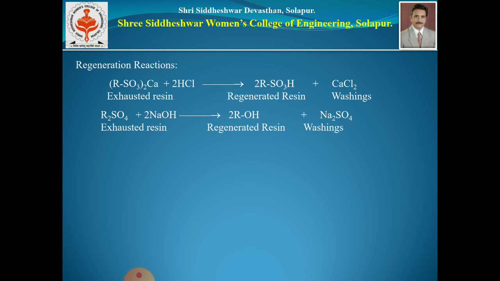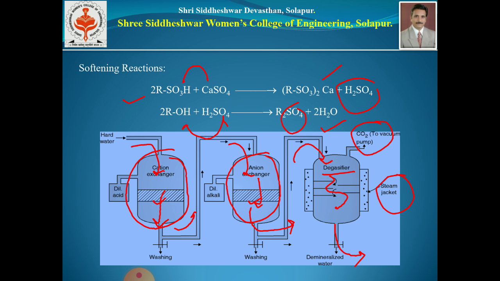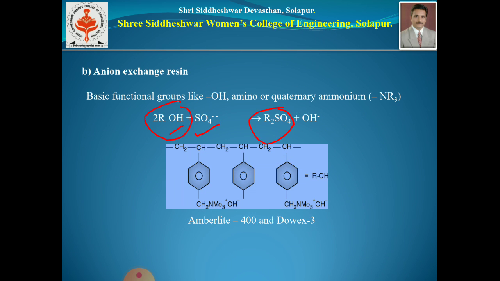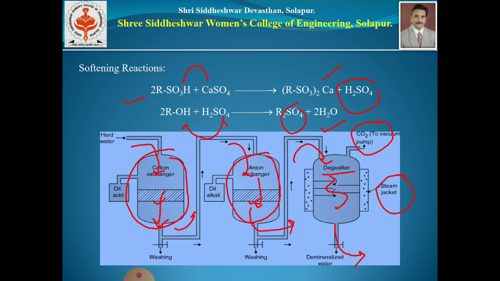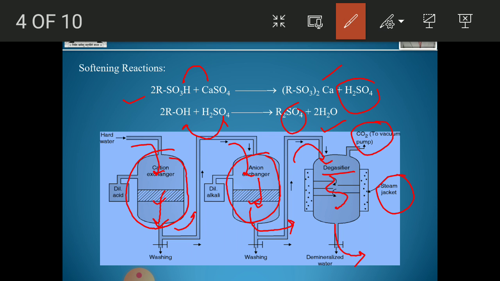Then after some time, the capacity of these chambers, cation exchanger and anion exchanger, for softening is decreased, because every molecule of cation exchange resin and anion exchange resin gets converted into (RSO3)2Ca and R2SO4.